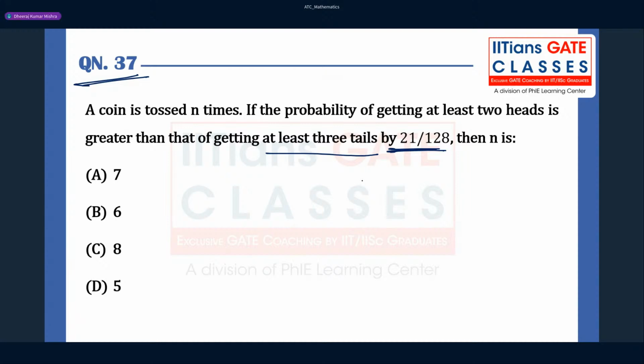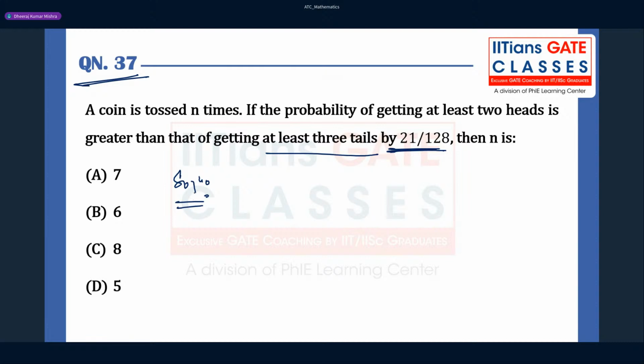What will be the answer? Anybody, please try this question. So let me tell you the solution, how to solve this kind of question.